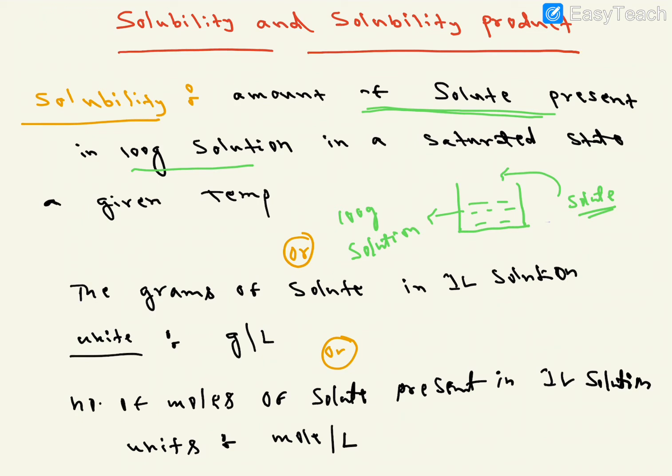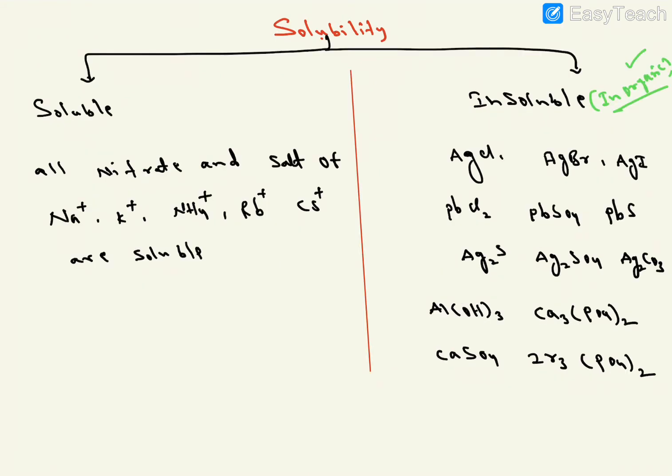According to inorganic chemistry, when we are doing the practicals, some salts are insoluble and some are soluble. So let us discuss which are soluble or insoluble here. Based on solubility, there are soluble salts and insoluble salts. What are the soluble salts here? All nitrates and salts of sodium, potassium, ammonium, rubidium and cesium are soluble.